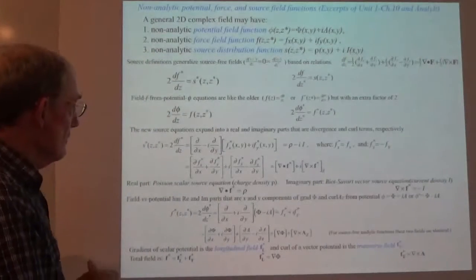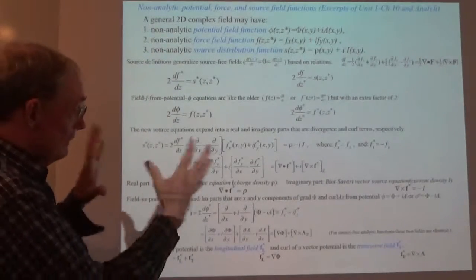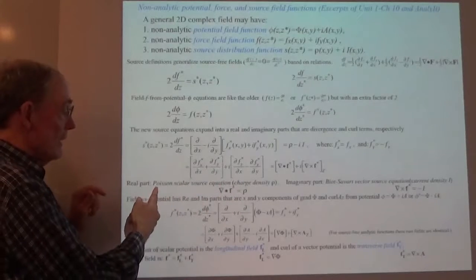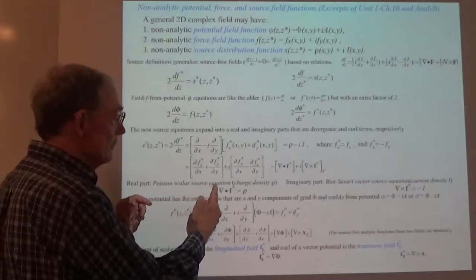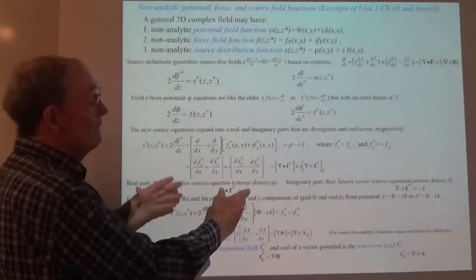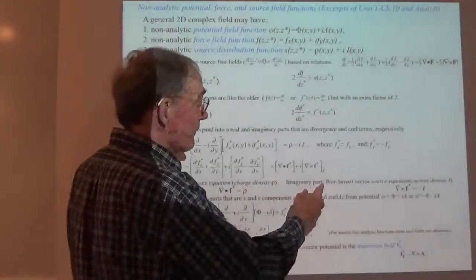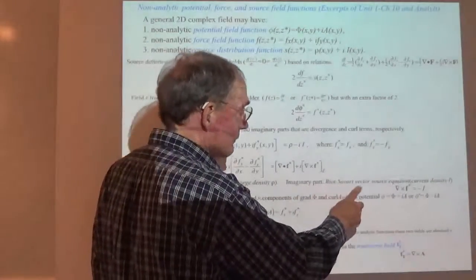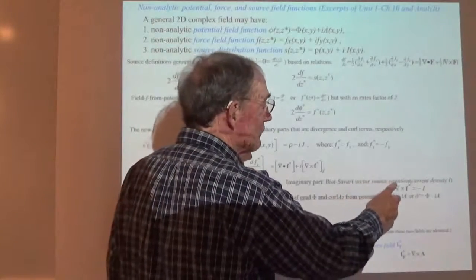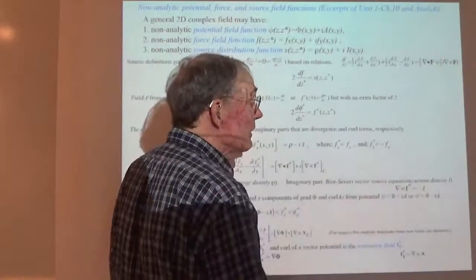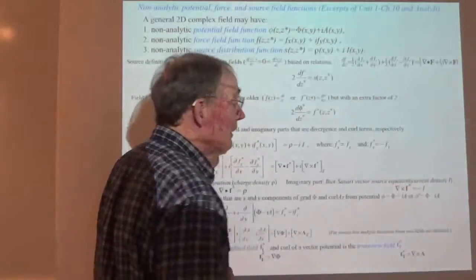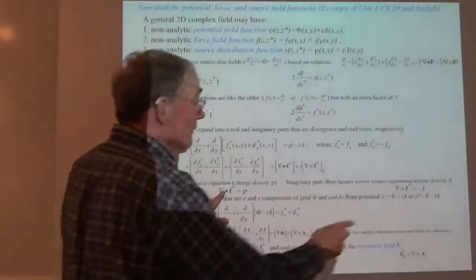So we're really going to be separating a field into one that can be described by Poisson's scalar source equation. Meanwhile, the imaginary part, the Biot-Savart type stuff, the vector source stuff that you have in magnetism, magnetostatics, is also going to be described, but these are not equal.